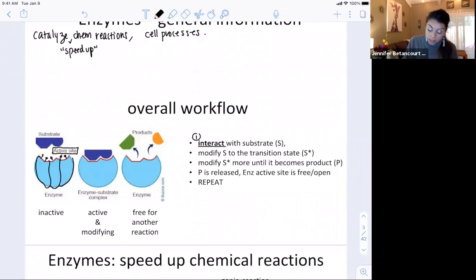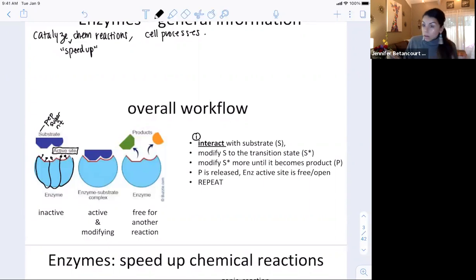So number one is that a substrate will bind the enzyme in the active site. This substrate can be whatever kind of molecule. It can be a small peptide. It can be a sugar. It can be a nucleotide. It can be whatever.